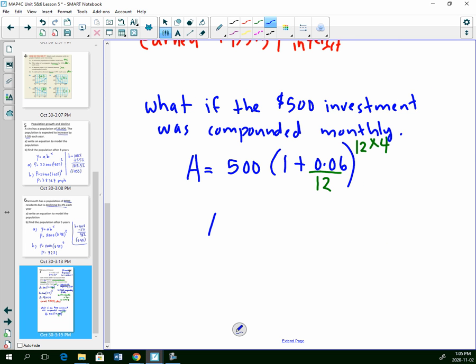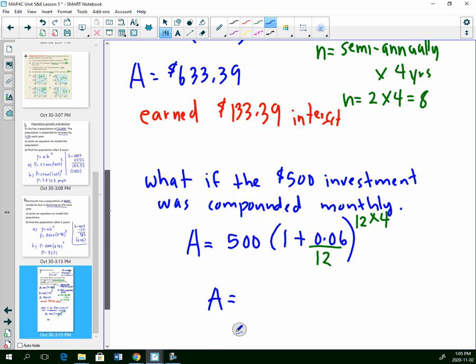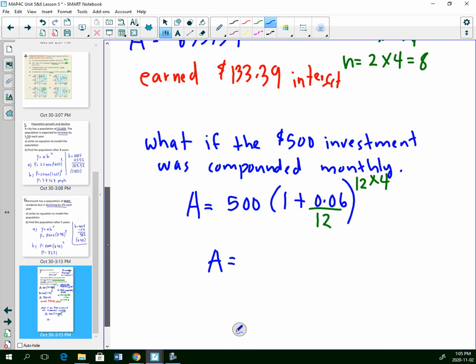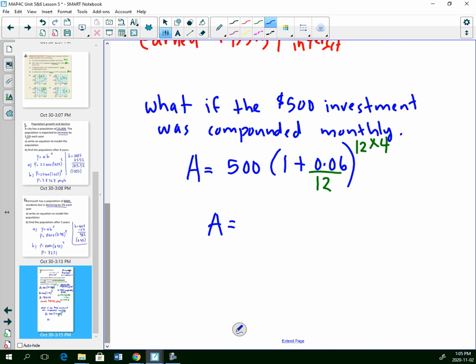Okay, so let's see how that changes our results. So think about this. We have the same amount of money invested at the same interest rate at the same number of years. The only change is we're compounding it monthly instead of semi-annually.